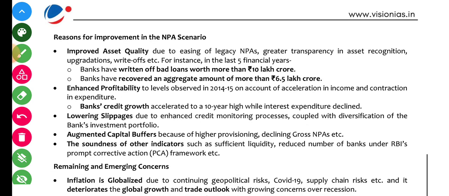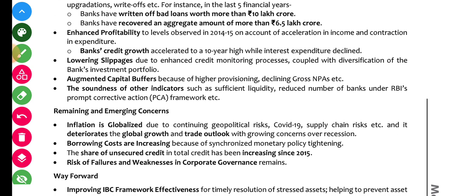Reasons for improvement in the NPA scenario: improved asset quality, enhanced profitability. Asset quality means banks have written off bad loans worth more than 10 lakh crore. Banks have recovered an aggregate amount of more than 6.5 lakh crore through various banking reforms as well as government's fiscal reforms. Okay, so keep this in mind.